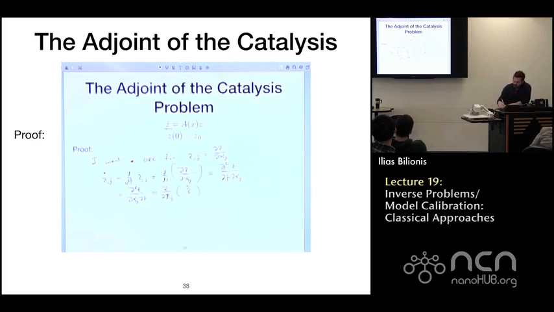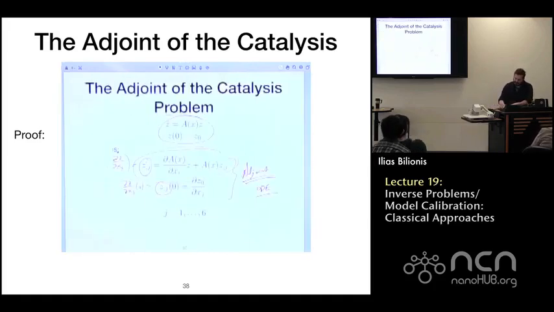For z dot you can use your original equation, which will give you this. Here I'm using the original equation, right at this step. And then I just use the product rule: I have to differentiate a with respect to xj times z, and then a of x times the derivative of z with respect to xj. That's it. So what did you get? Well, you get this equation.